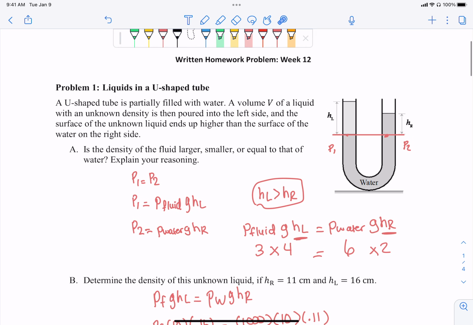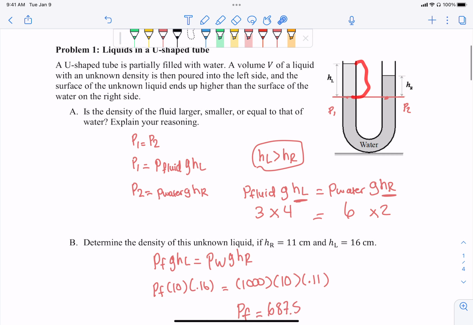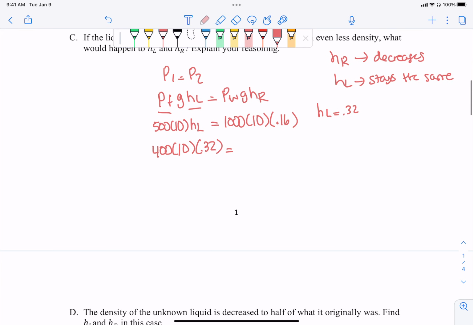So that height on the right is going to be changing somehow to adjust to this liquid on the left. So this liquid that I'm adding has a constant volume, and it'll have a constant height that's added, right? But then this height on the right here is going to respond to the addition of that liquid. That's the way to think about it, essentially. So this height on the left will not change, but the height on the right will change in response to that.